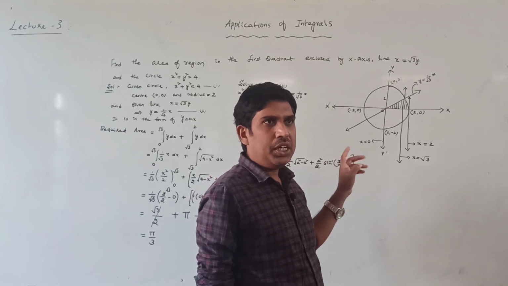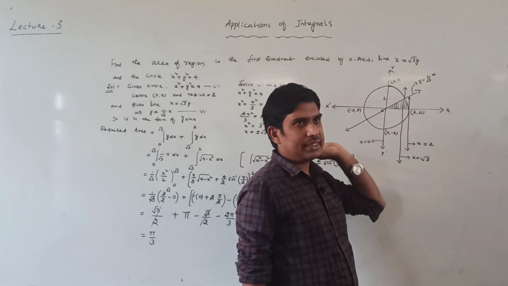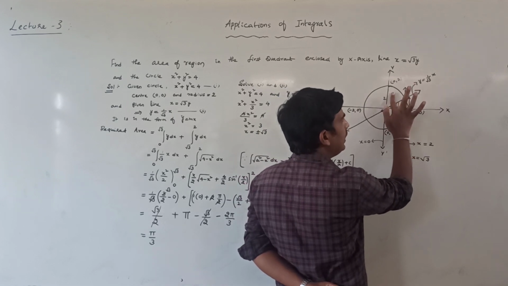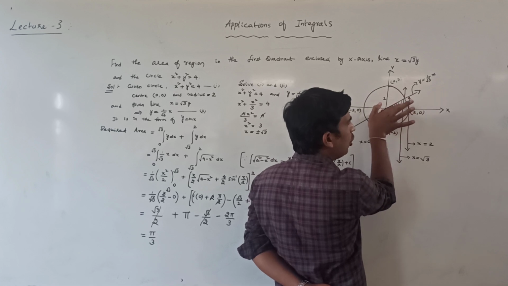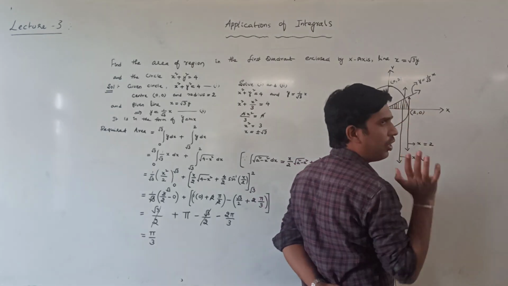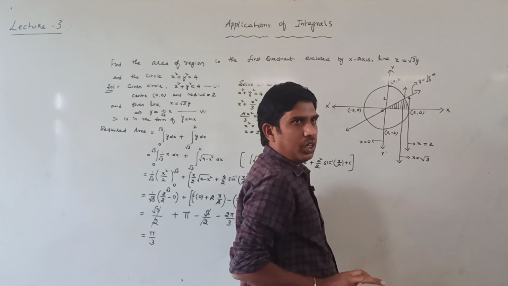In the first quadrant, two parts are there. This part is enclosed with the y-axis, this part is enclosed with the x-axis. So this one is not needed; only this part we have to find, with the line and the curve.